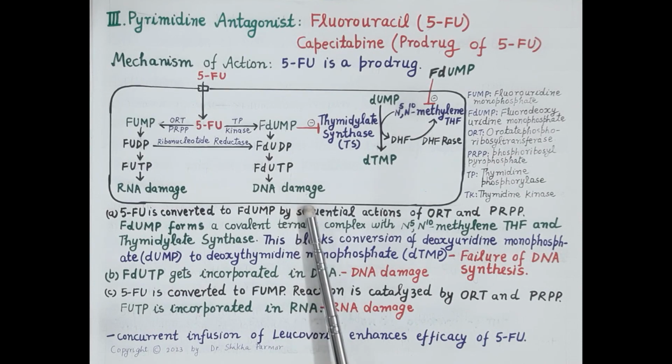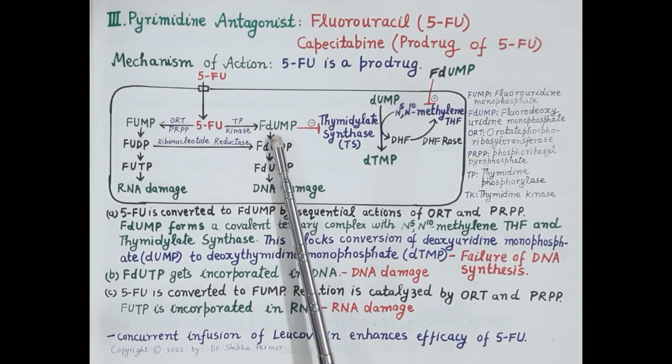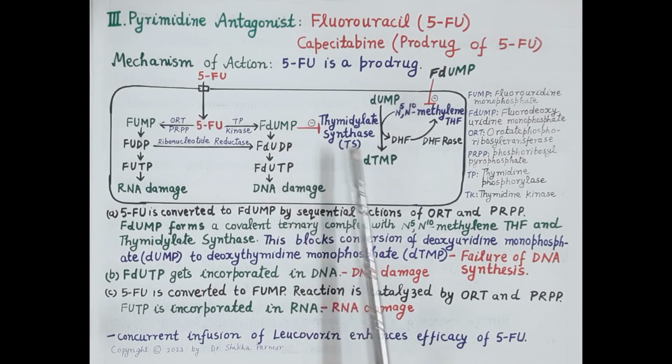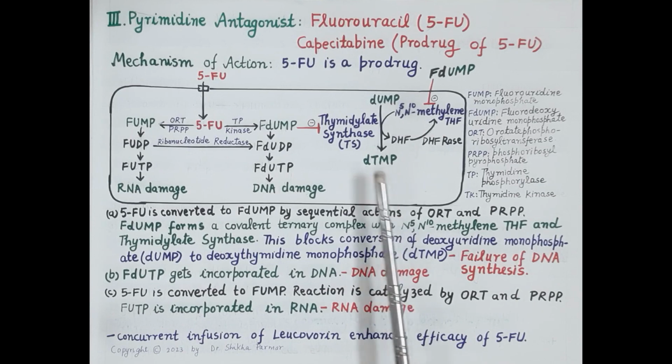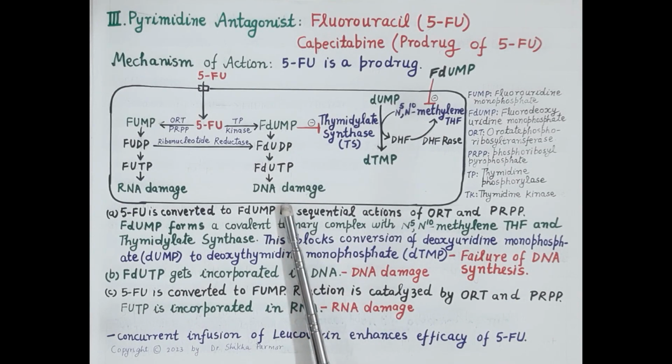So this is how fluorodeoxyuridine monophosphate, on one hand, inhibits the synthesis of nucleotide, and on the other hand it damages the DNA.